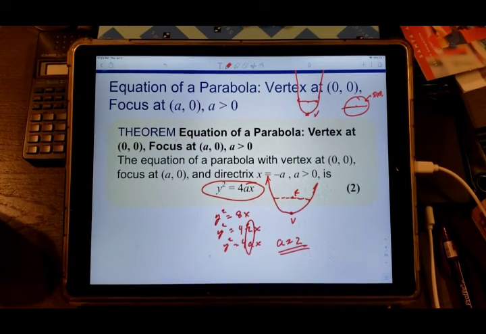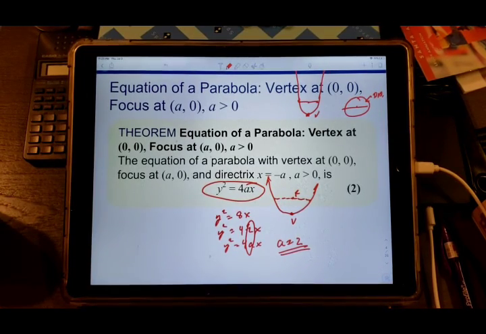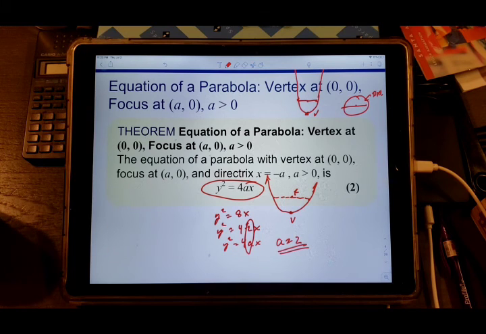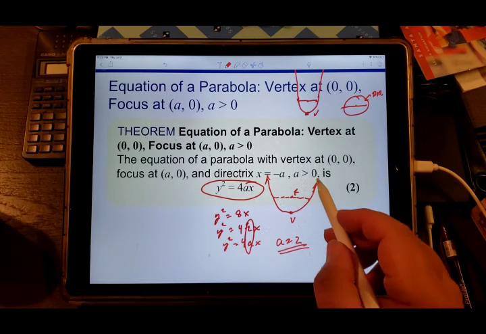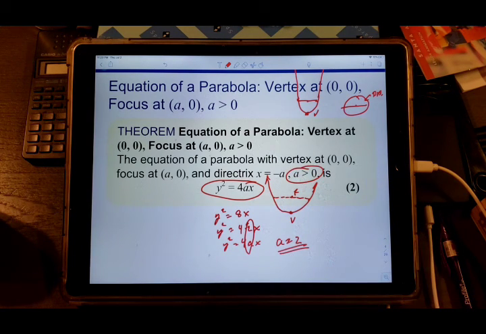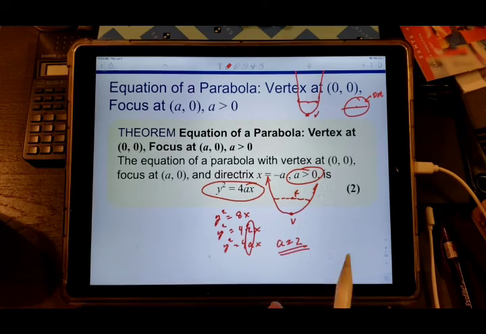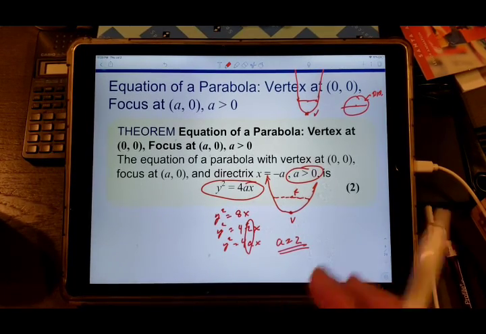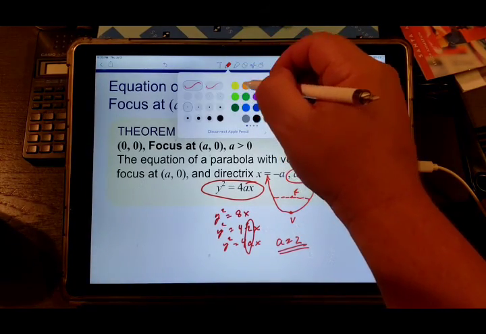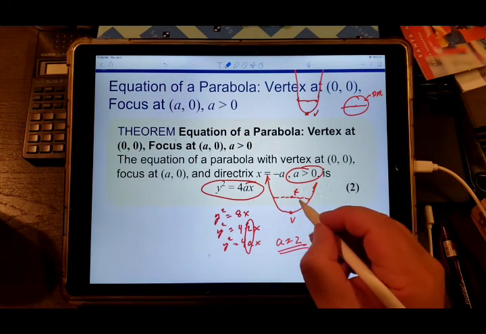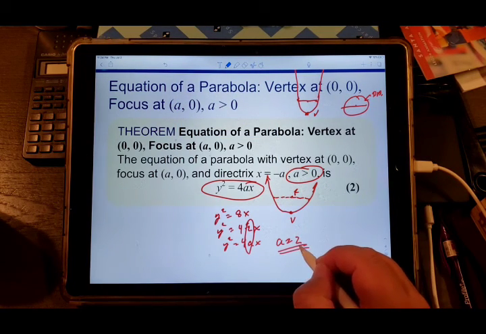Now, personally, I like to think of a as possibly being negative. They don't. They talk about a being positive always. If there were a negative sign, that would certainly influence things here. But what is a geometrically? In other words, what's 2?